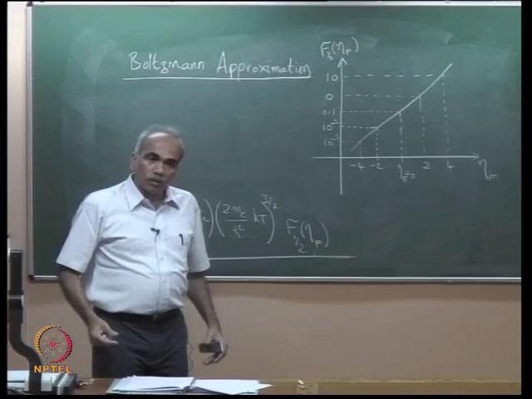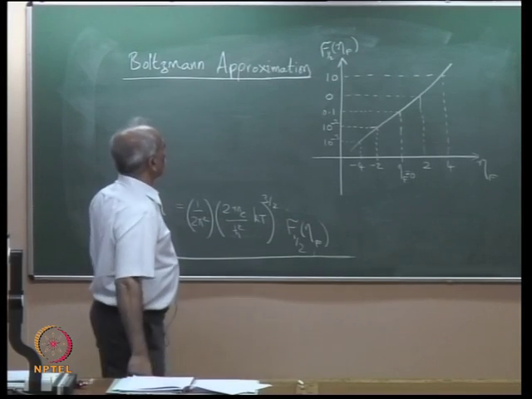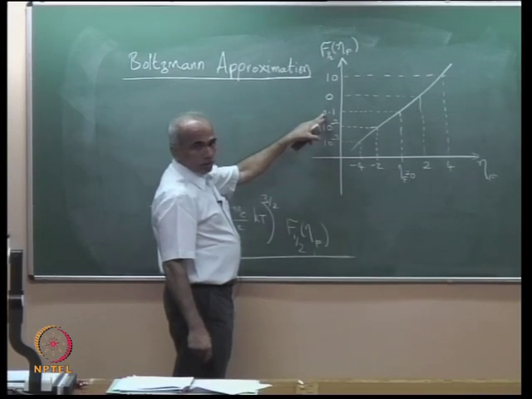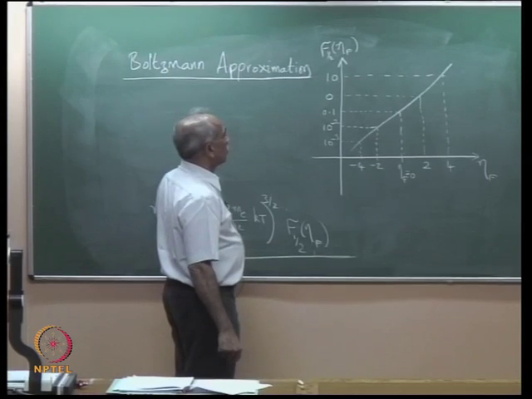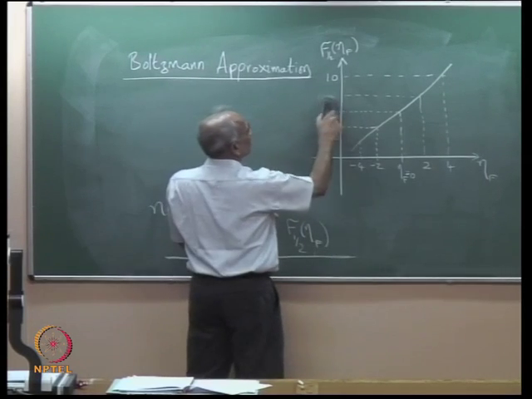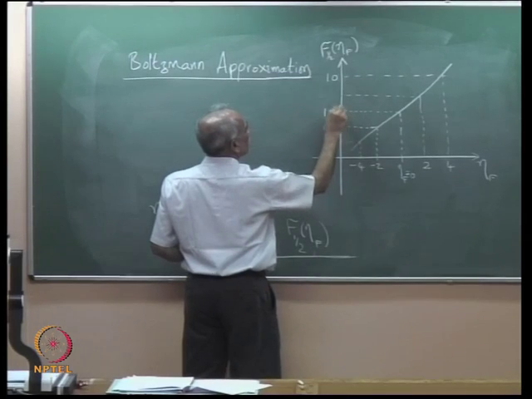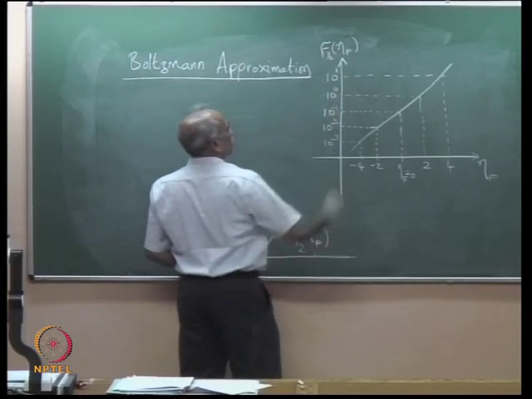Any doubts? Which one? 0.1? This one? 0 should be 1, 10 power 0. Yes, so let me write it in terms of 10 power 0, 10 power 1.